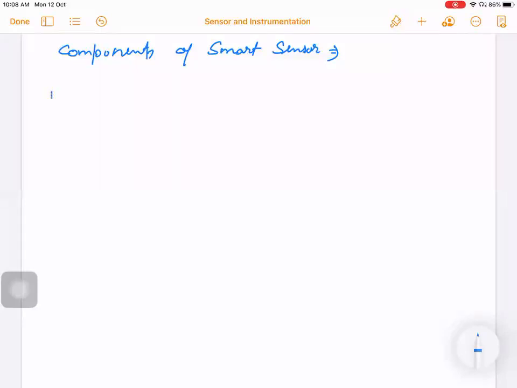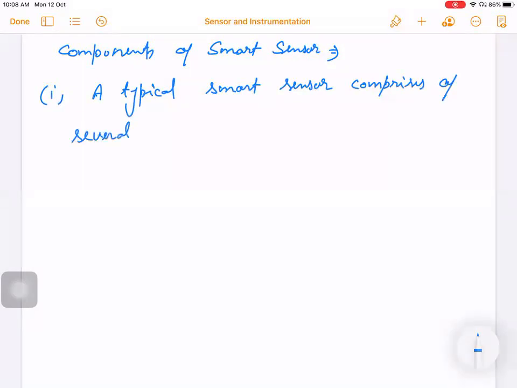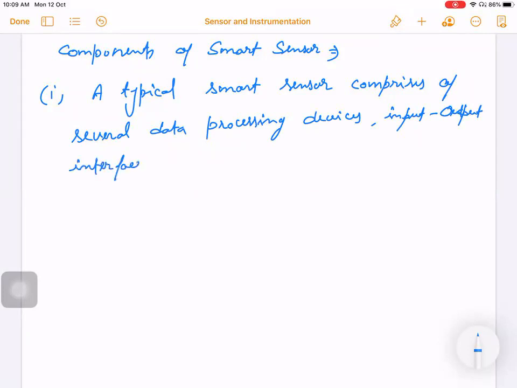The first point: a typical smart sensor comprises of several data processing devices, input output interface, and communication port.